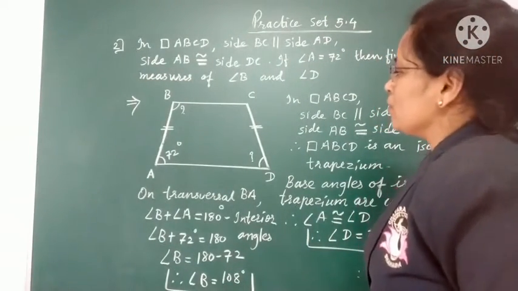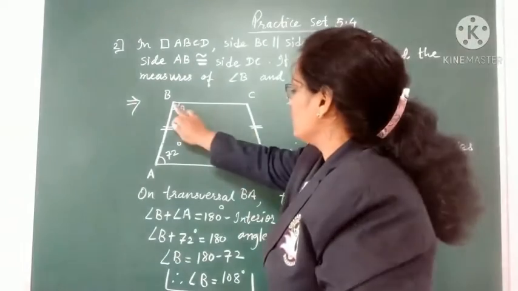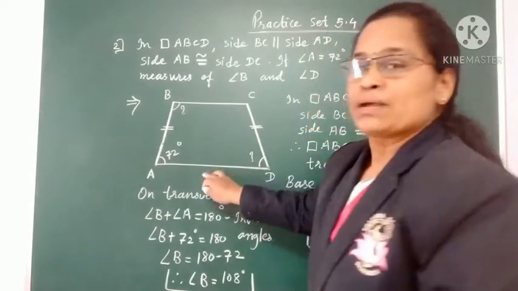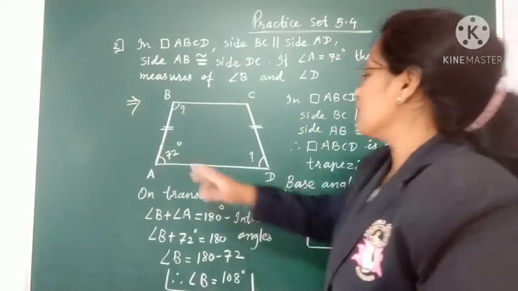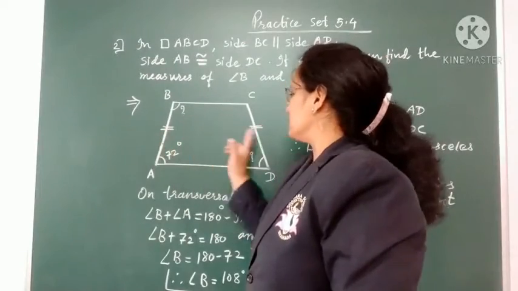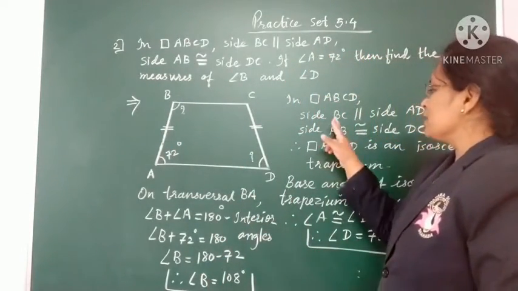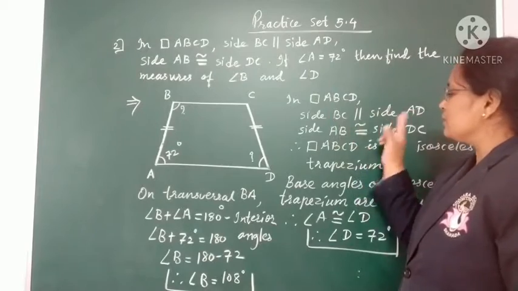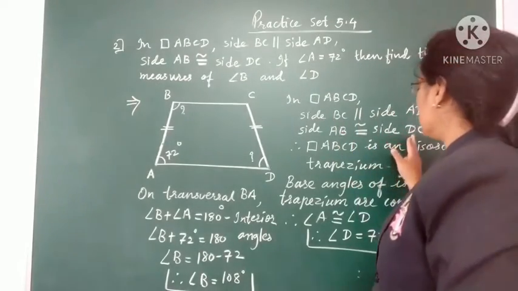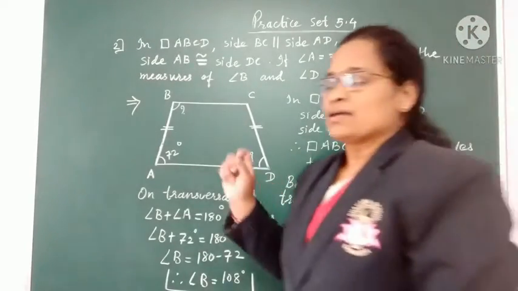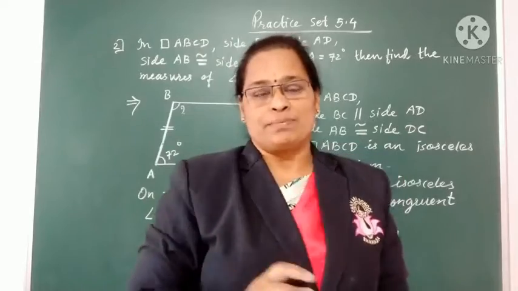Do you notice that in this quadrilateral one pair of opposite sides is parallel and the pair of non-parallel sides is congruent? Therefore, as BC is parallel to AD and side AB is congruent to side DC, this is an isosceles trapezium.